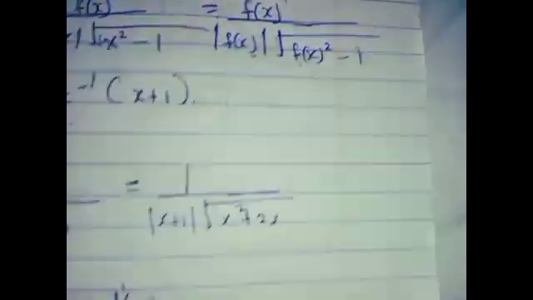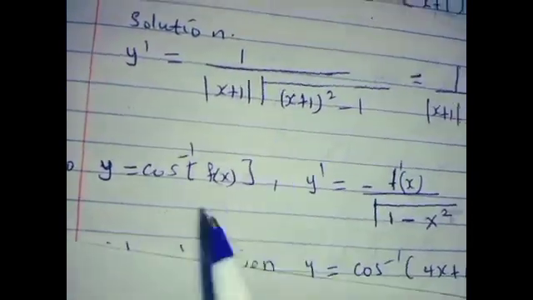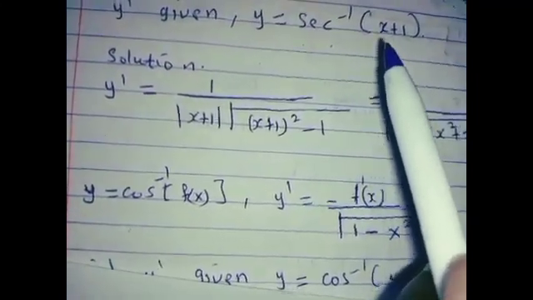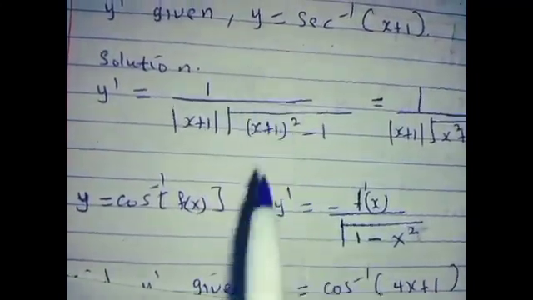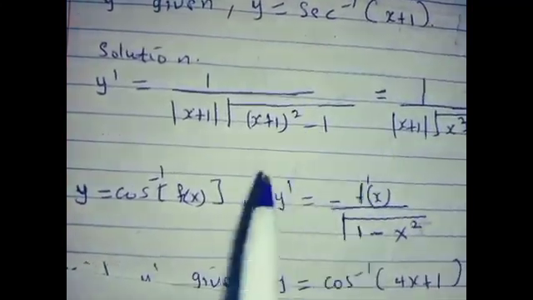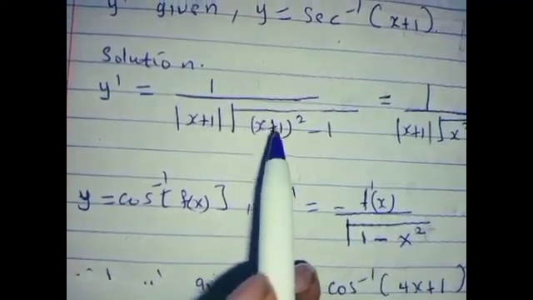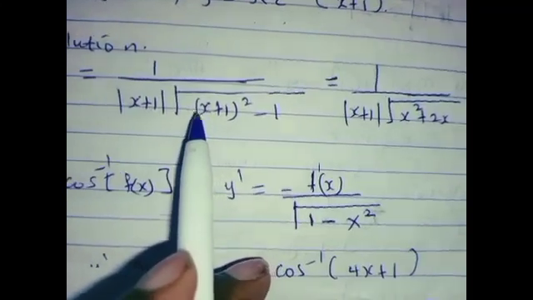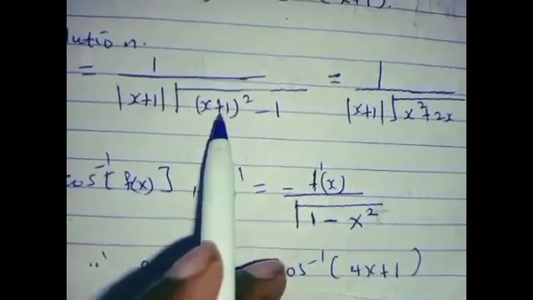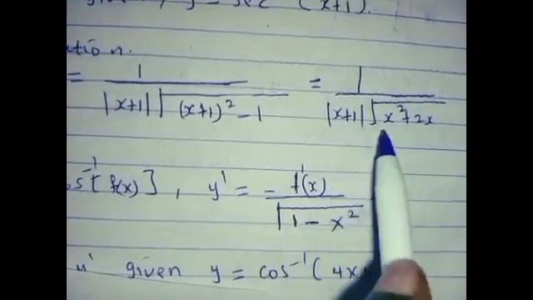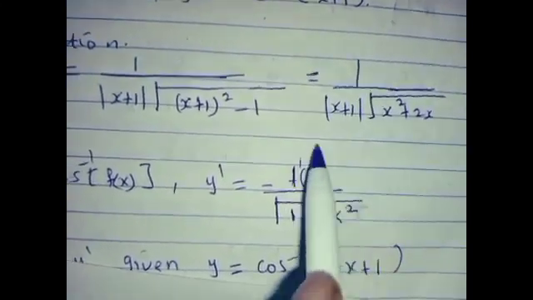You differentiate the function x plus 1 in the bracket, and the result is 1, over modulus of the function times the square root of the function squared minus 1. When you simplify this, it gives x squared plus 2x plus 1 minus 1, which gives x squared plus 2x, as shown.